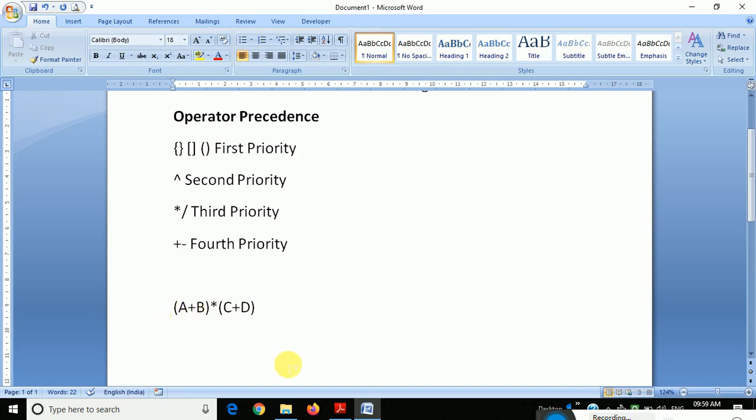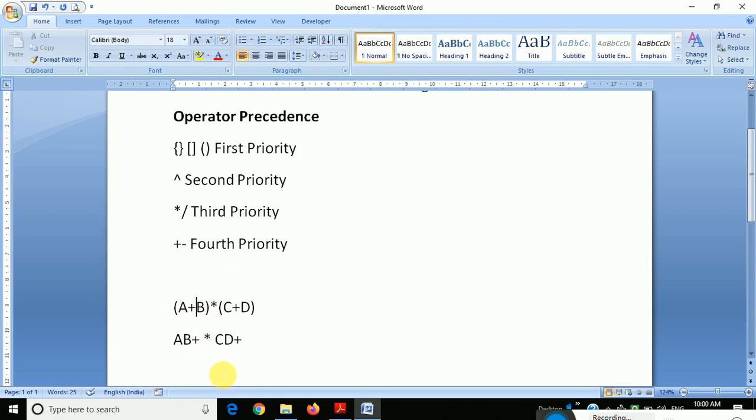A plus B becomes AB plus, solved inside the bracket. Next, the star is there, and CD plus is done. Now AB plus is considered as one operand and CD plus as another operand. Previously A and B were operands and the plus sign was the operator, but now including the plus, it is considered as an operand.